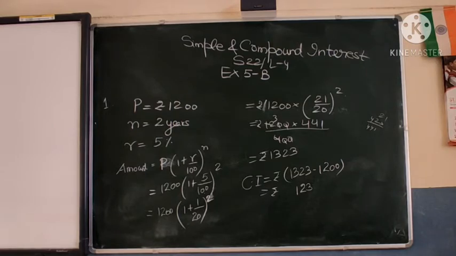5 rupees on 100 rupees, so 1200 means 12 times 60 rupees, in 2 years 120 rupees. See, 3 rupees more you are getting. And how small a sum is 1200? If the sum is small, less interest will be generated. But you don't deposit 1200 only.